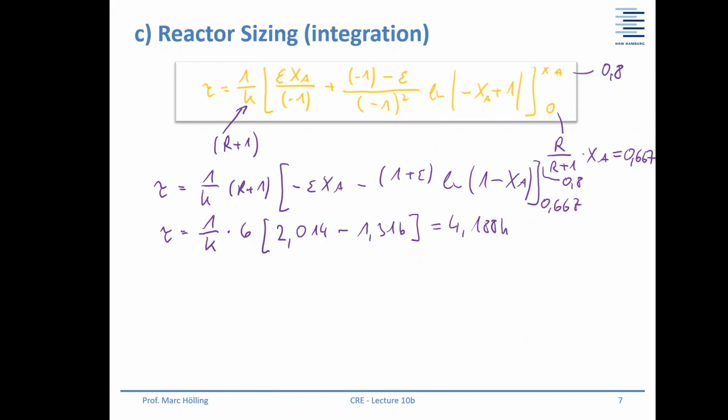Okay, and then we need to calculate the reactor volume. So V, the volume, is the residence time times the volume flow, 4.188 hours times 1.875 cubic meters per hour, and then you get a reactor size of 7.85 cubic meters.